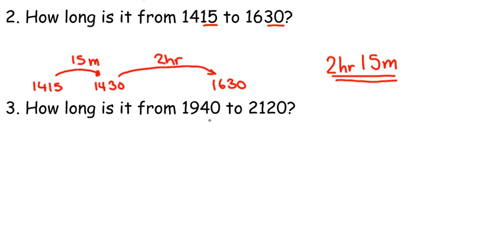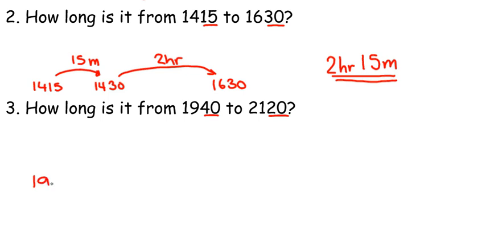Okay, so we have 19:40 up to 21:20. Okay, so that means I'm going to have to move from 40 in my minutes up to 20, but I'm going to have to go back through the hour to do that. So I'm going to do that in 2 jumps.